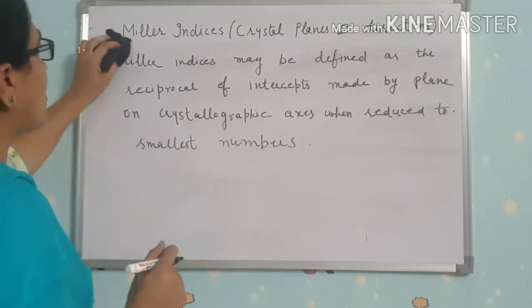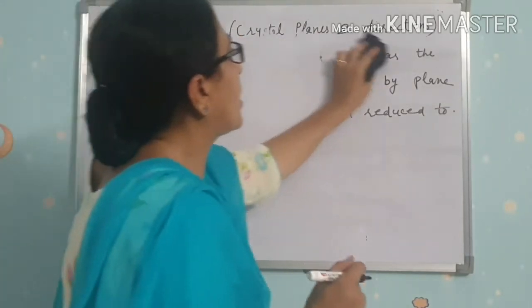Next we study the features of Miller indices. What are the important features?